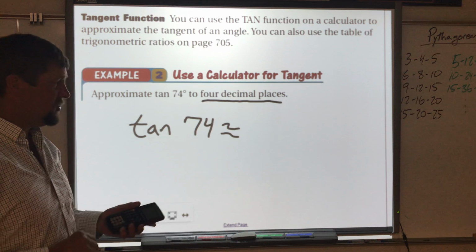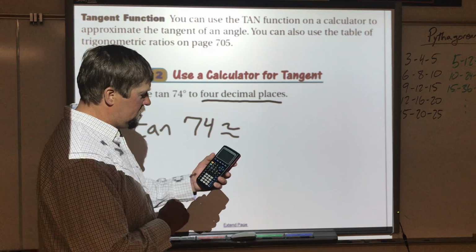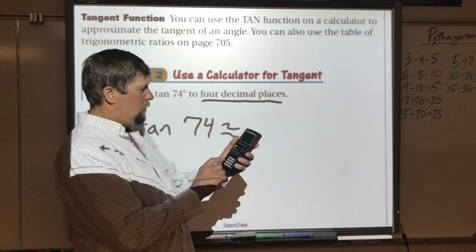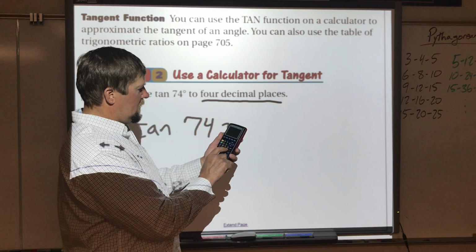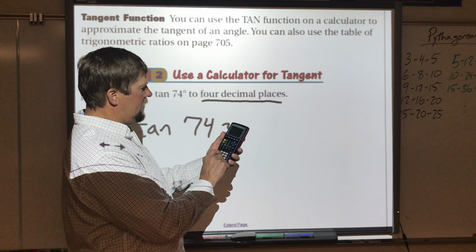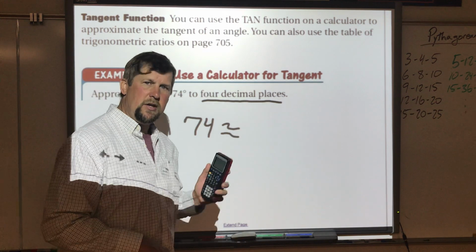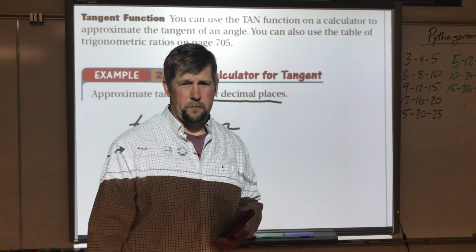There's one thing you have to be careful of, because when you type in the tangent of 74, it's possibly going to give you the wrong answer.